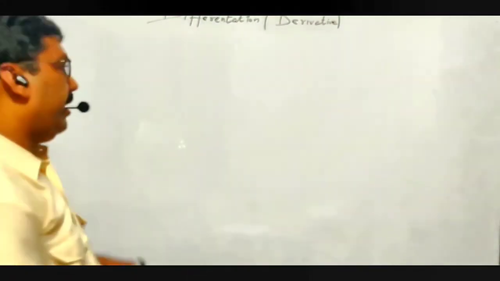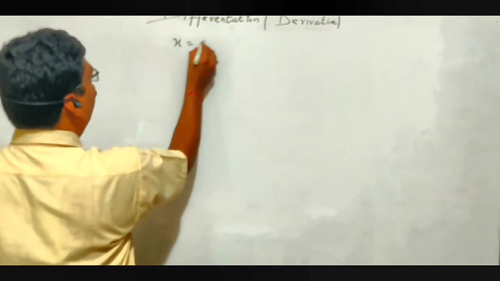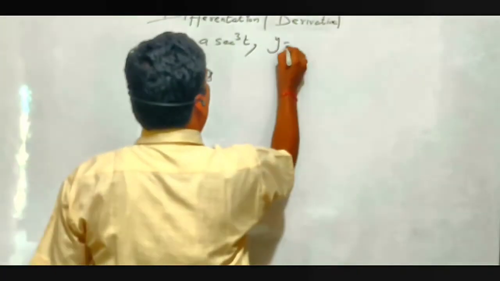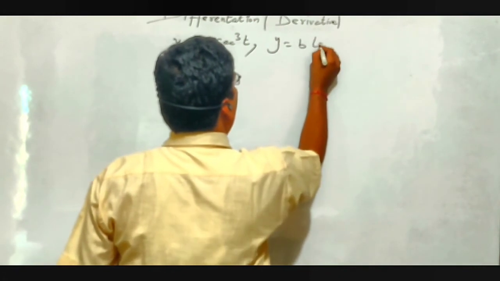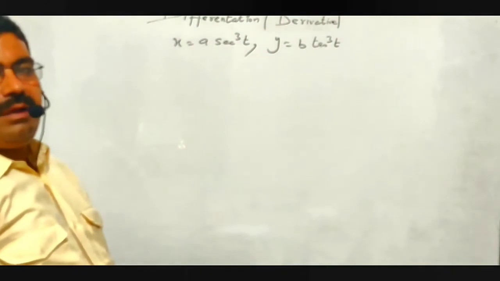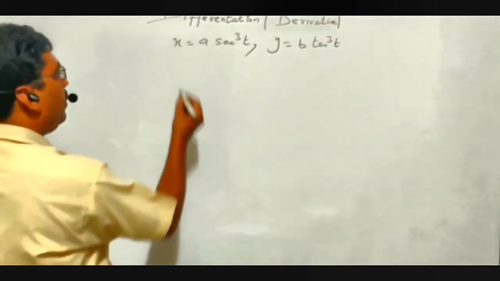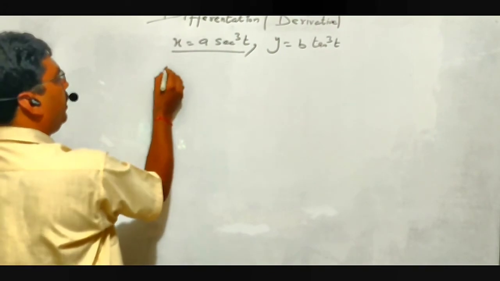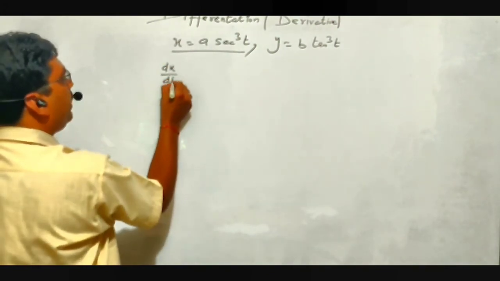Next example: if x equals a secant cubed t and y equals b tangent cubed t, then find dy by dx. First differentiate with respect to t, that is dx by dt.